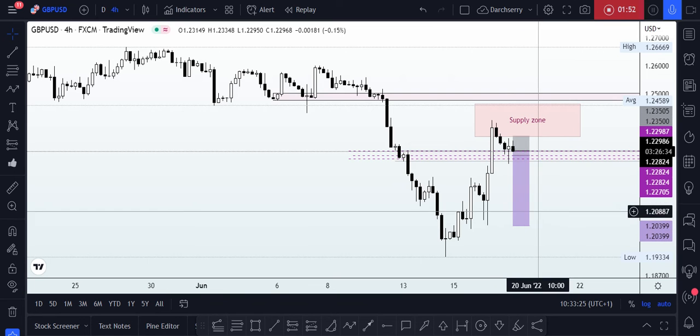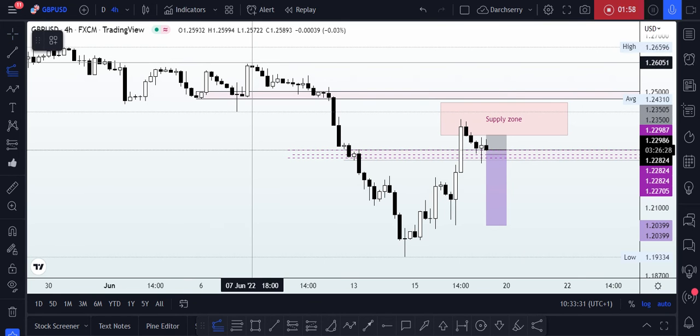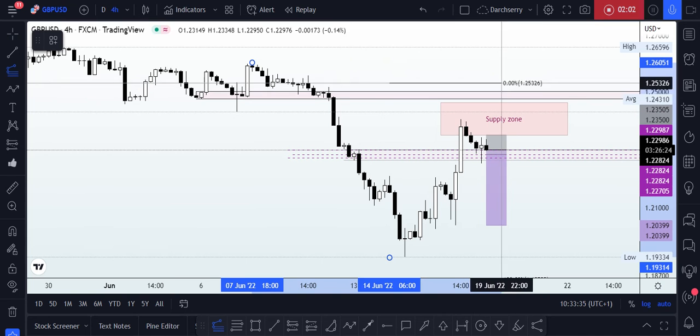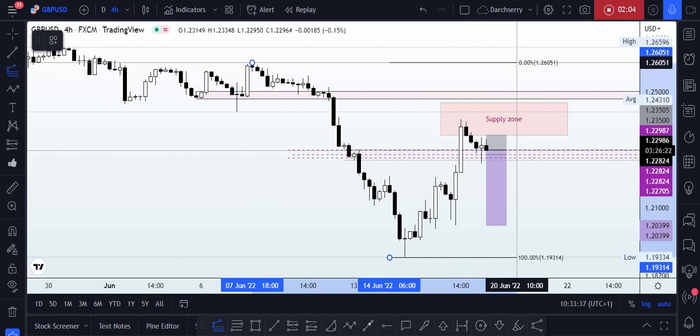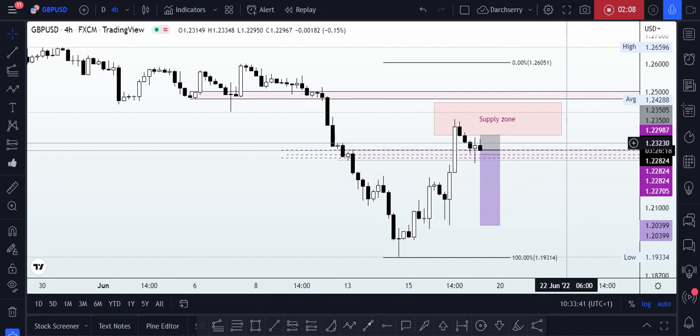So how far this decline is going to be might actually be an extension of the previous impulse leg. However, that will be on a long-term perspective as we want to be taking a short-term perspective since we're already at the end of the trading week.